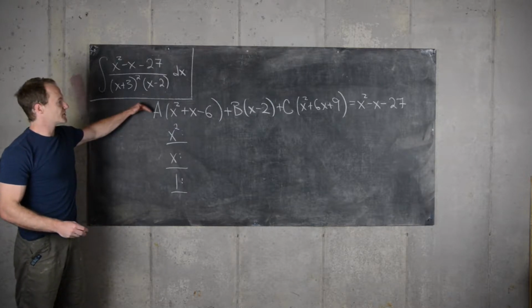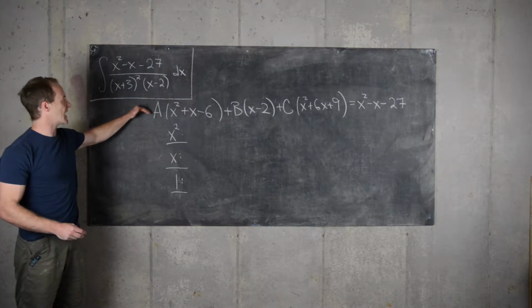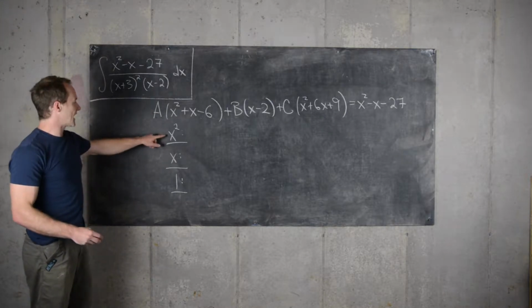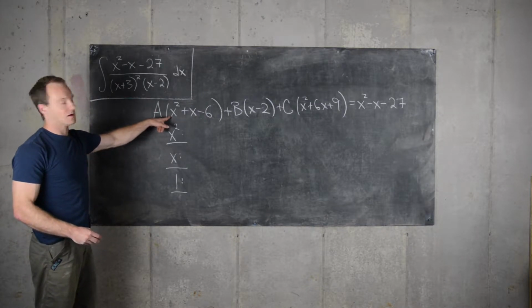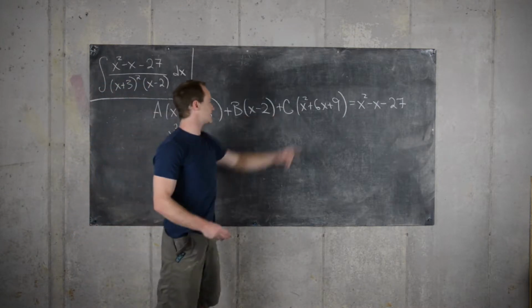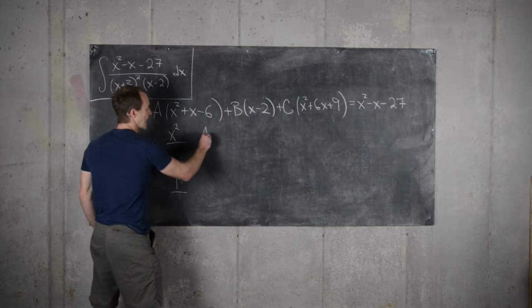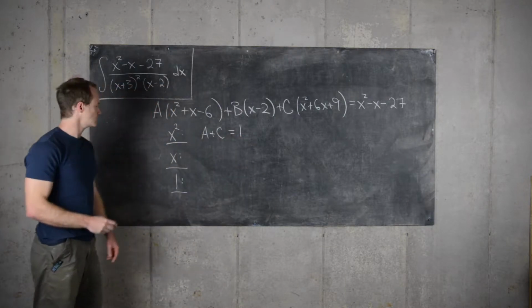So let's see. Instead of multiplying all of this out and extracting the coefficients, we can just look at it carefully. So the x squared terms, on the left-hand side, we get an a from distributing this term. We don't get a b, but we do get a c. So we have on the left-hand side a plus c, and on the right-hand side we have 1. Okay, good.